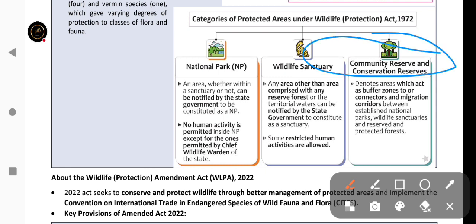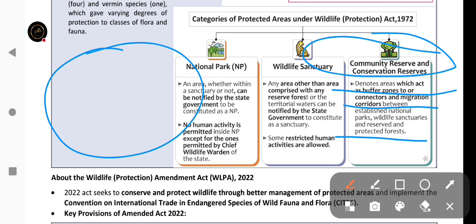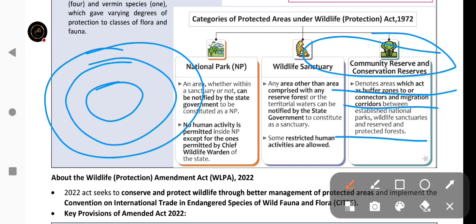Community reserves and conservation reserves denote areas which act as buffer zones to, or connectors and migration corridors between, established national parks, wildlife sanctuaries, and reserved and protected forests. You should know this from the biosphere reserve, where there are three zones, and this is the core zone.